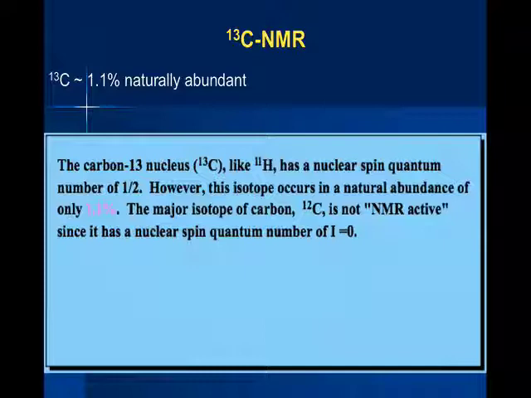That's unfortunate for us. However, naturally occurring carbon-13 is about 1% of all natural carbon. Carbon-13 has an even atomic number, but an odd mass number. And it does give rise to NMR spectra, okay?